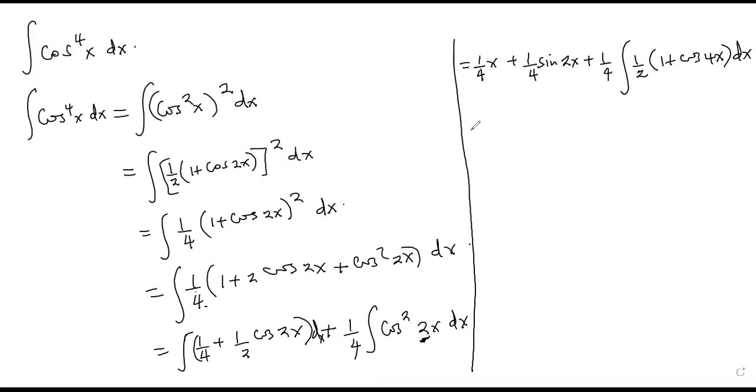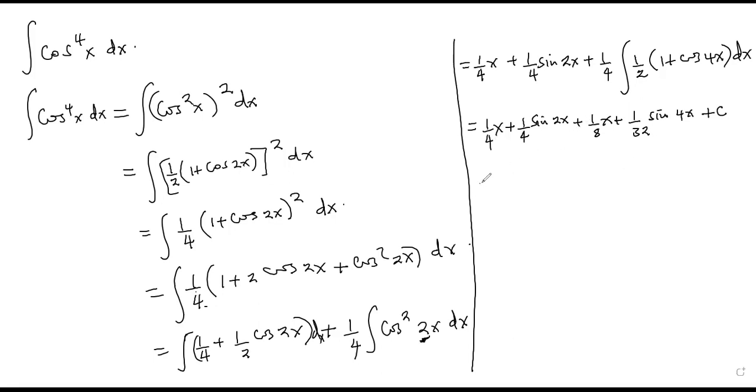So the overall thing is a quarter x plus a quarter sine 2x, then plus 1 over 8. We integrate it, it will be 1 over 8x, plus this 4 will come down, so it will be 1 over 32 sine 4x plus a constant of integration.